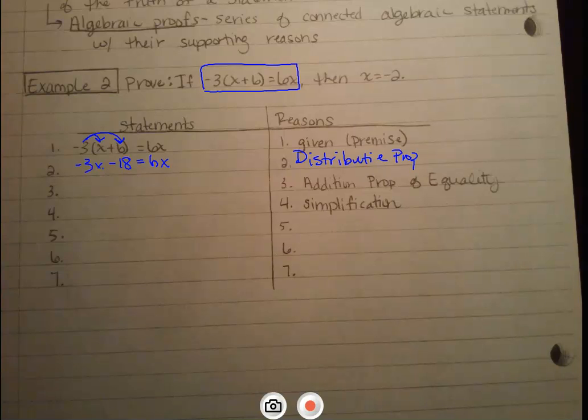It kind of depends on how you look at the book. I'm going to write plus 3x here and plus 3x here like we're solving it, as the addition property of equality. The simplification is going to be negative 18 equals 9x.